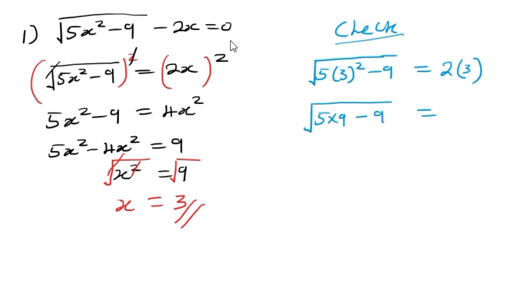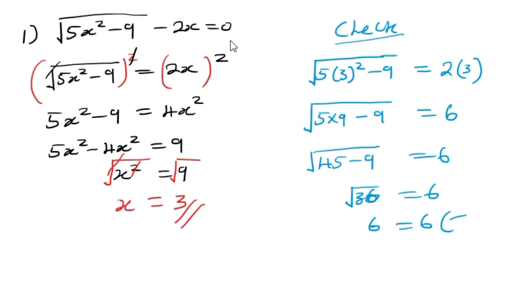And 5 times 9 is 45, so this will be 45 minus 9. And 45 minus 9 will give us 36, so this will be the square root of 36 is equal to 6, and the square root of 36 is 6, and this is 6. So this equation is true.